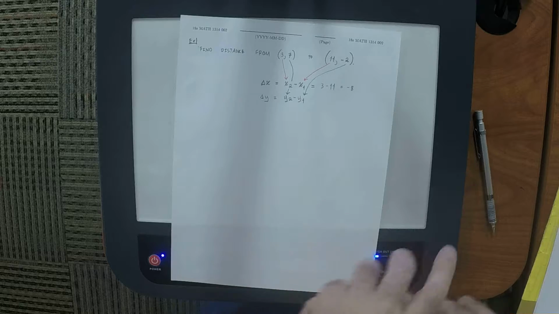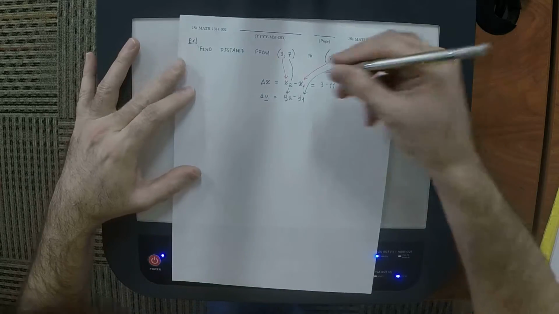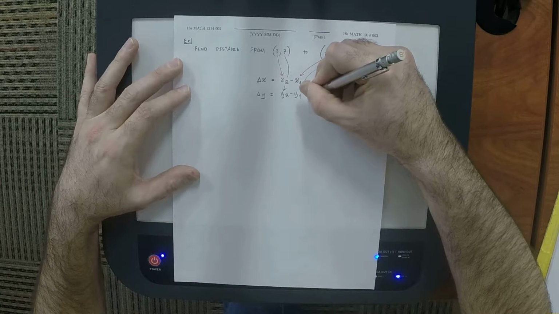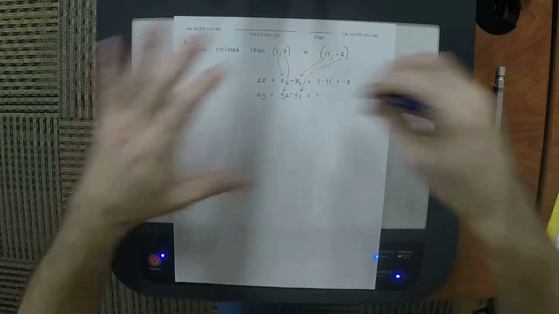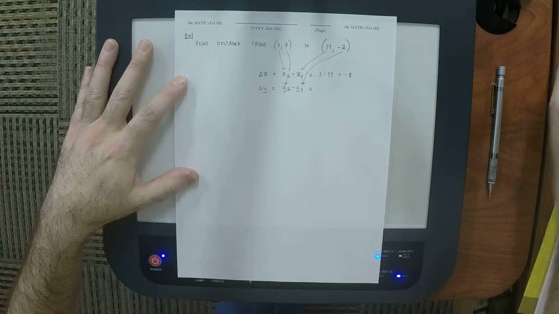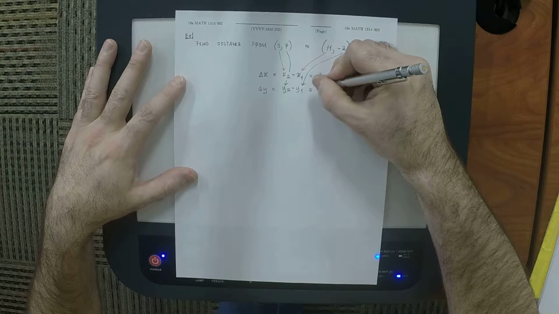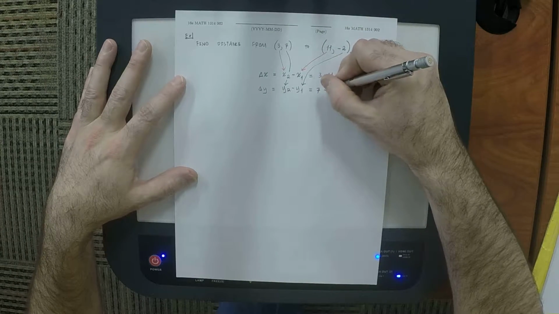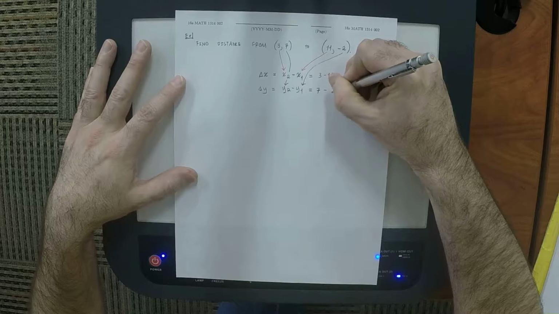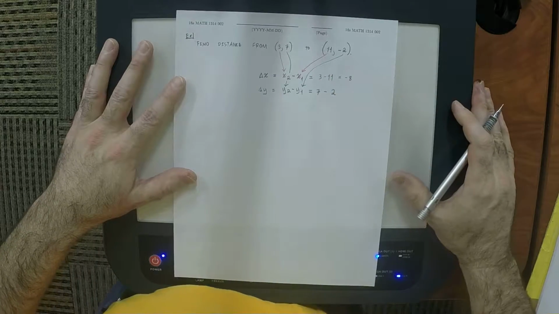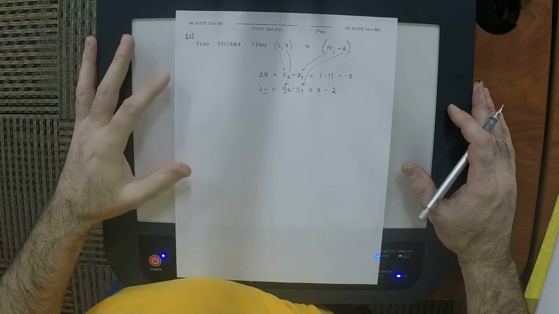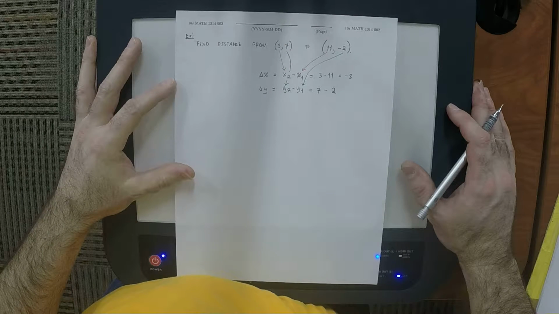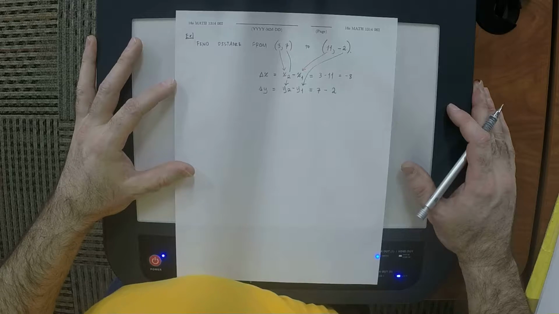So now I'm going to write something. I want you to comment on it. So the difference in the y's, so there I see a 7, and there I'm going to subtract 2, okay. So how about that? Is that right? Okay, good.